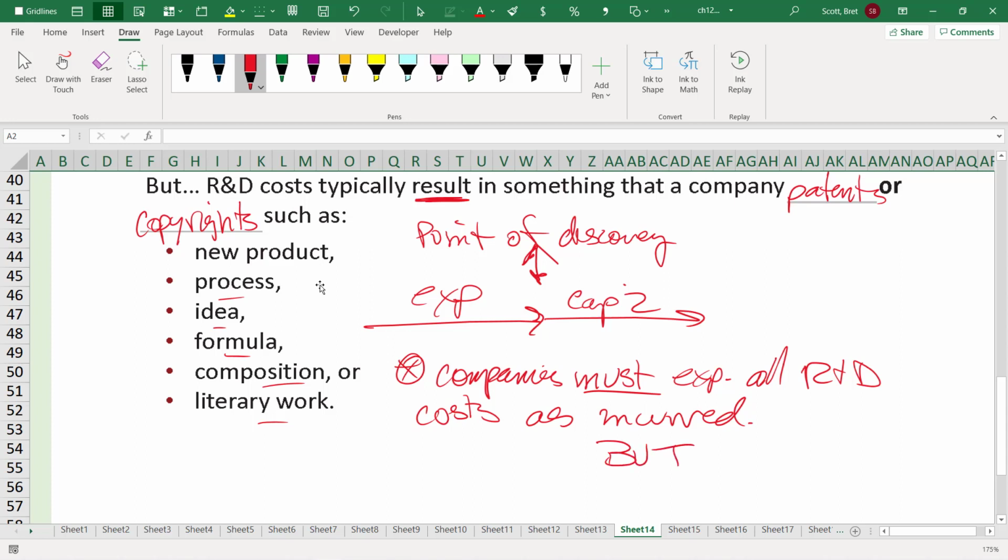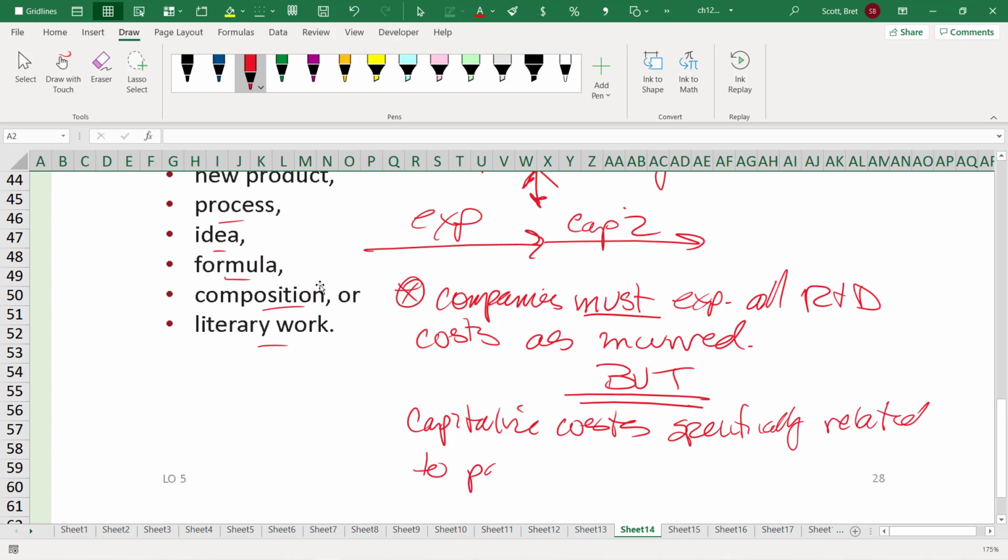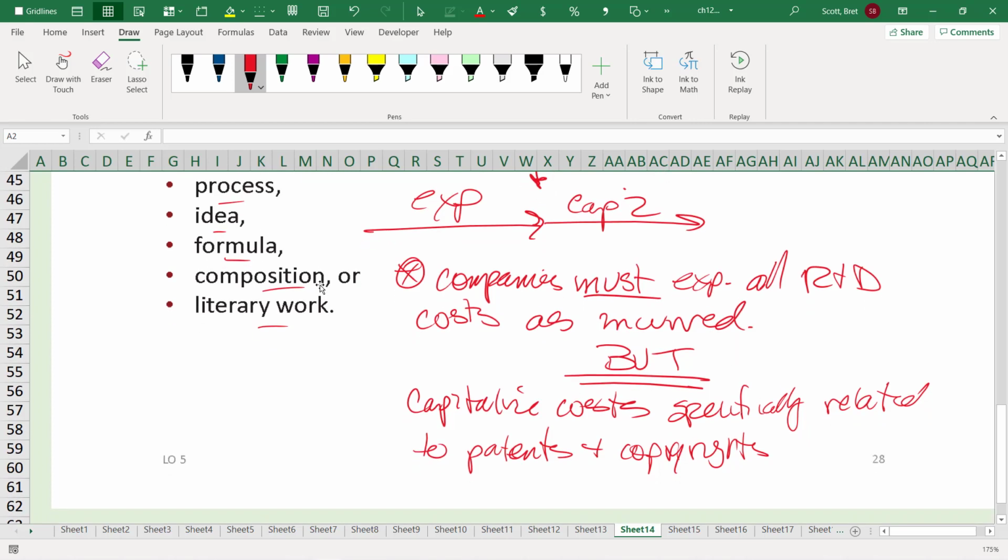But you can capitalize costs specifically related to patents and copyrights, because that is when it passes the point of discovery or the point of viability. That's another phrase you might hear.